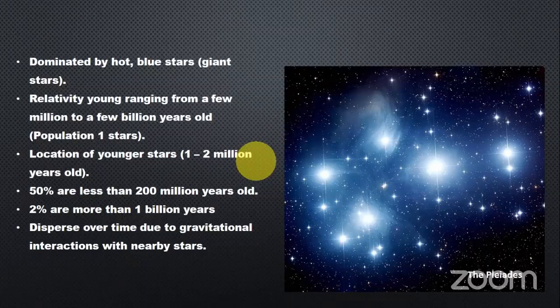Only 2% of them are over 1 billion years. Now, over time, the stars in an open star cluster disperse due to gravitational interaction with other star clusters, or even the tidal force from the center of the galaxy.